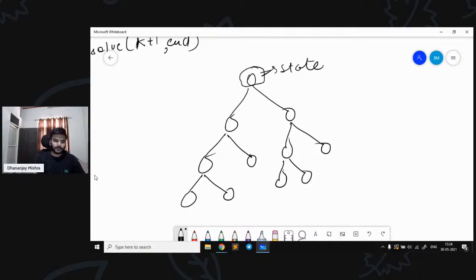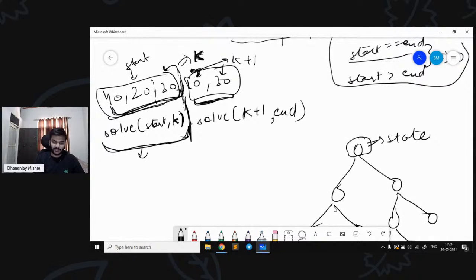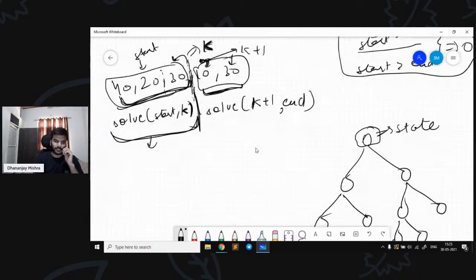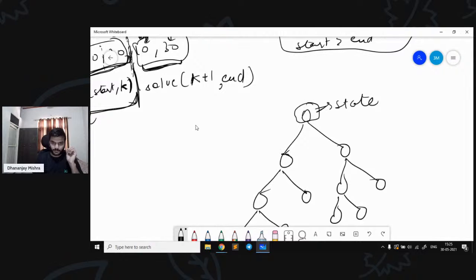State means, if I did a partition here, I called this one function, and the right function also. So this is my left state and this is my right state, right? So these nodes denote the state, or we can say the number of recursion calls we are making at each state. Suppose this is for my left part and this is for my right part.